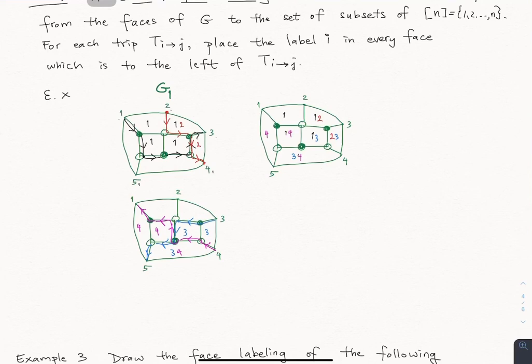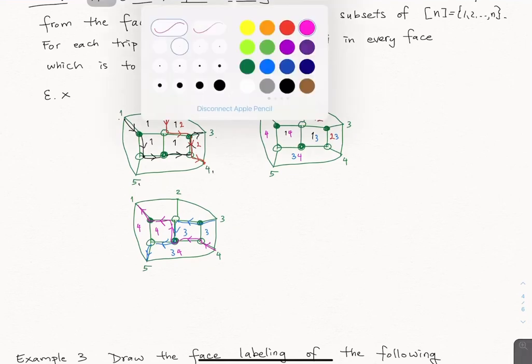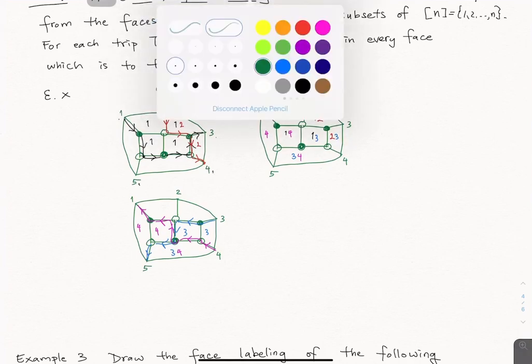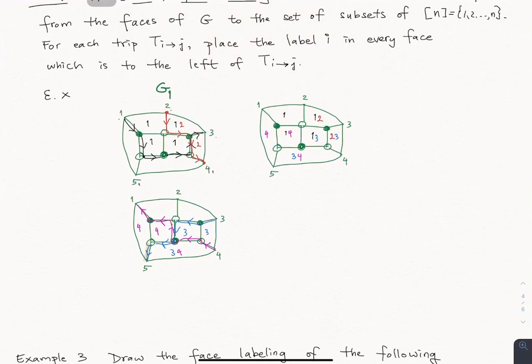And we just need to check one more trip. Let me use the color orange. So from 5, I see a white vertex, I turn left. I see a black vertex, I turn right. I see a white vertex, I turn left. So I finish at 2. And the faces to the left of this trip are these 2 faces. So I will write down 5 there. So 5, 5.